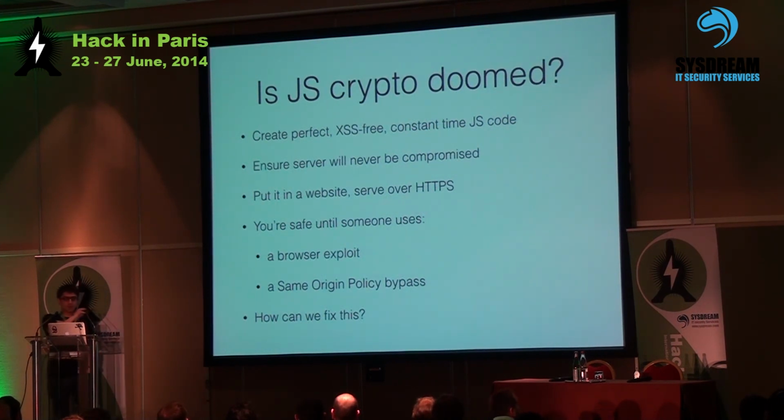You serve it over HTTPS with an absurdly large symmetric key size, and you're safe until anyone just triggers a browser exploit in a separate tab, right? Or finds a same origin policy bypass. So are we doomed? I would say maybe, but there's hope.